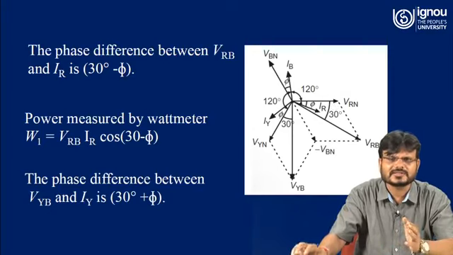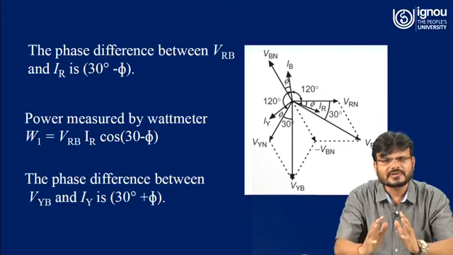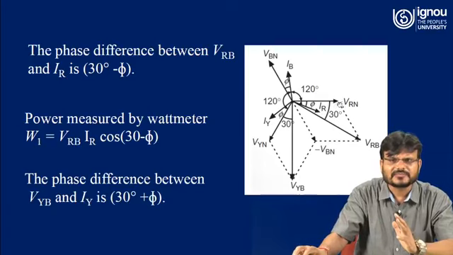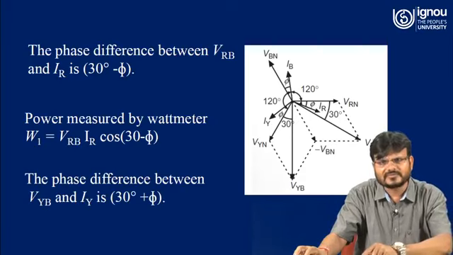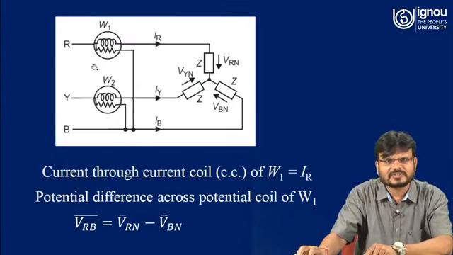So in a balanced system, all the phases will have 120 degrees between each phase. That means the phase angle between eRN and eYN is 120 degrees, between eBN and eYN is 120 degrees, and between eRN and eBN is 120 degrees. Now because we are interested in calculating the power measured by W1, the power measured by W1 is equal to what?